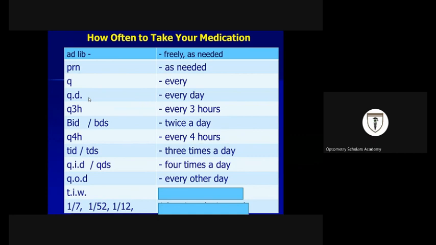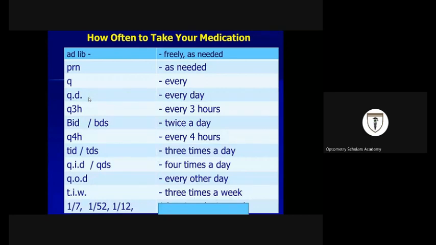TIW means 3 times a week. 1/7 means one day, because 7 means 7 days in a week. So when you see 1/7, this drug should be taken just for 1 day.